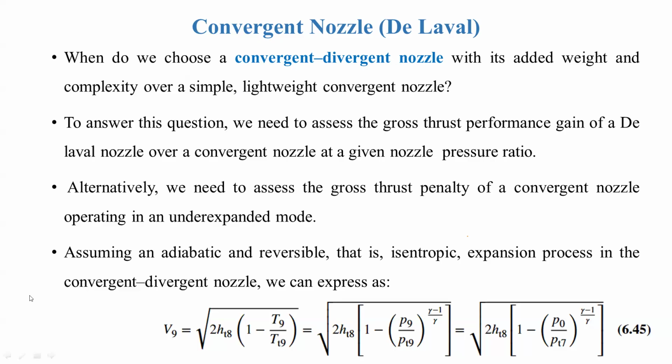Let me write. We are familiar with this formula: P9 over PT9 is equal to T9 over TT9, to the power of gamma over gamma minus 1.